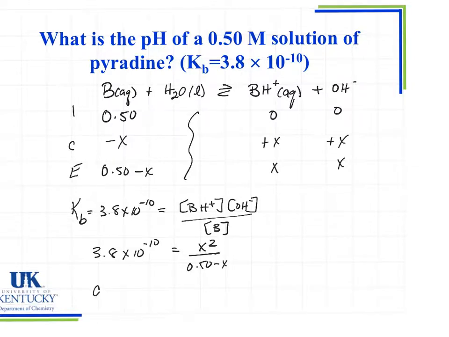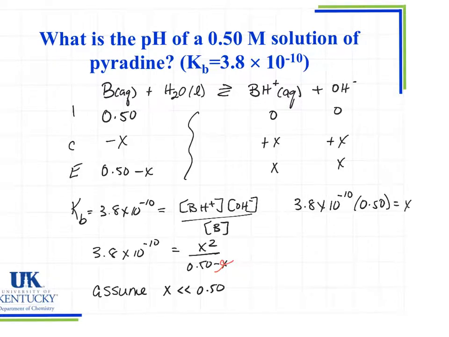Now here I'm going to assume, because look at that tiny K, that x is much, much smaller than 0.50. That will allow me to ignore that term right there and make it a lot easier to solve for. So when I do that, I have 3.8 times 10 to the minus 10 times that 0.5. I'm bringing it over by multiplying it by both sides, and that is equal to x squared.